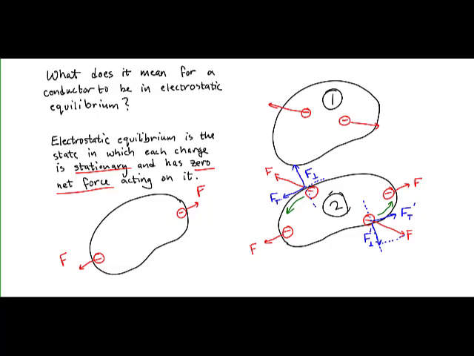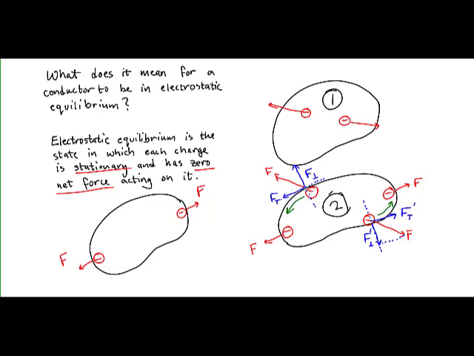That tangential component of the force caused those charges to move along the surface until finally there's only a component of the force perpendicular to the surface. At that point, these two charges are in electrostatic equilibrium. They're not moving anymore, and the net force on them is zero.